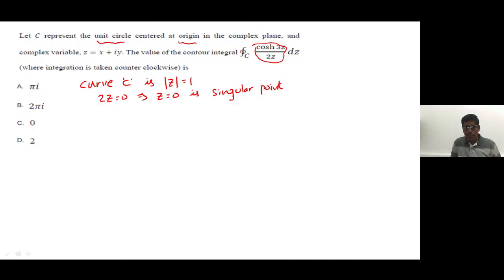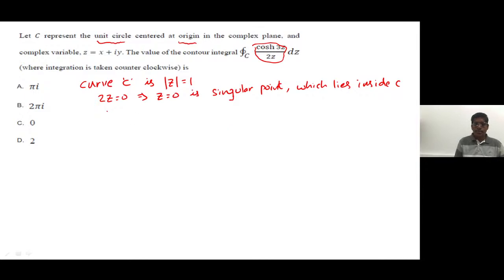This is left hand side mod z, right side already number 1. So if I put 0 here, mod 0 value is 0, 0 is less than 1. So which lies inside C. When a singular point lies inside C, you can apply either Cauchy's integral formula or Cauchy's residue theorem.